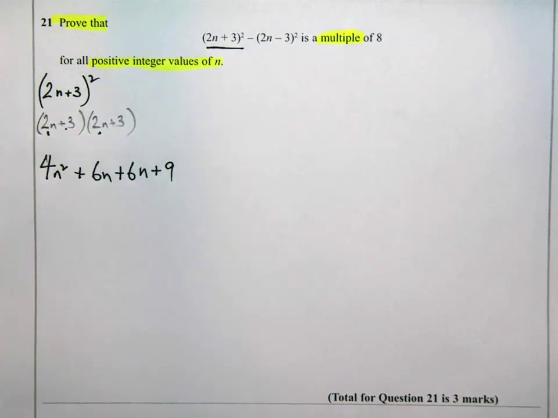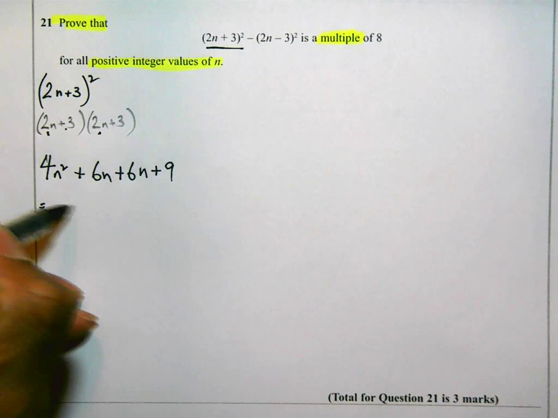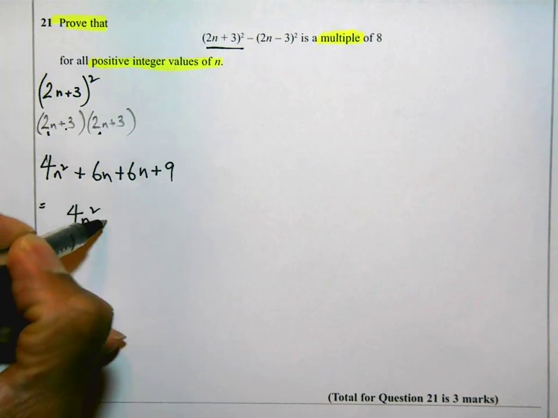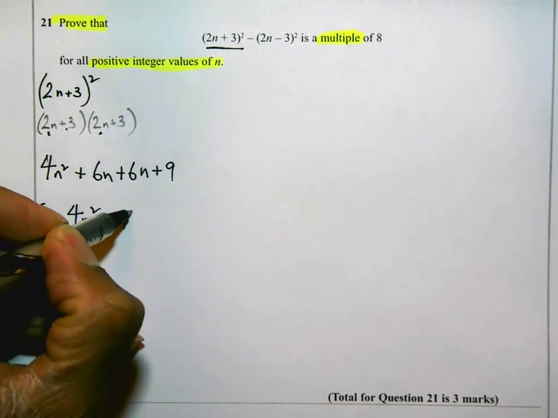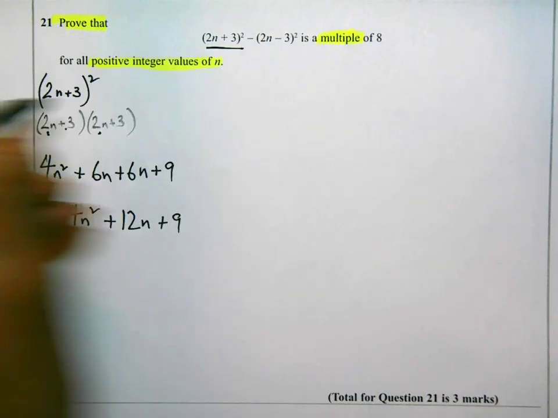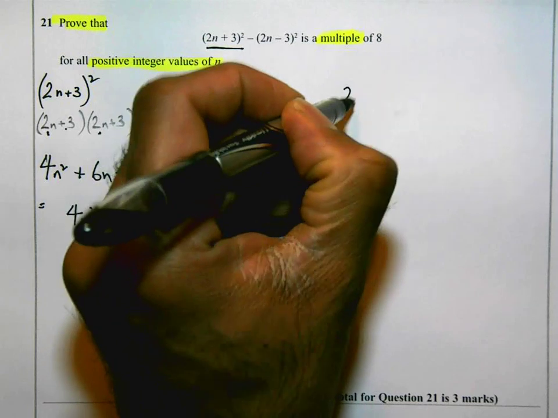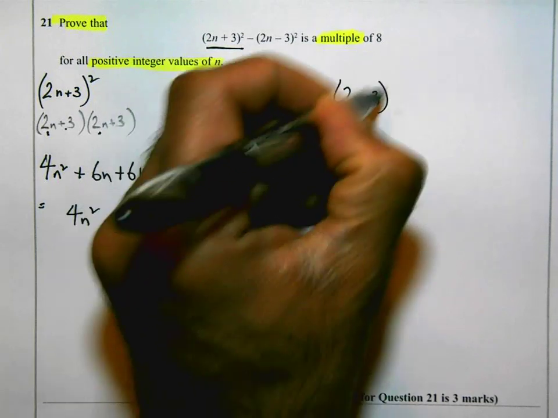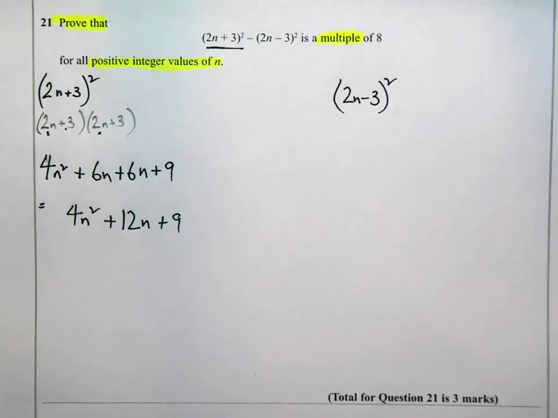If I tidy this up, I'll get 4n squared plus 12n plus 9. On the other side, if I think about (2n - 3) all squared, I'm going to do exactly the same.